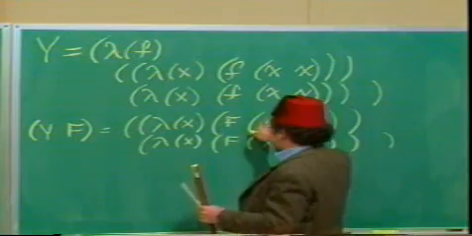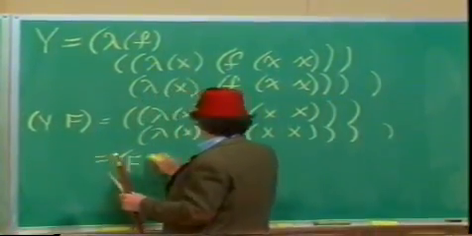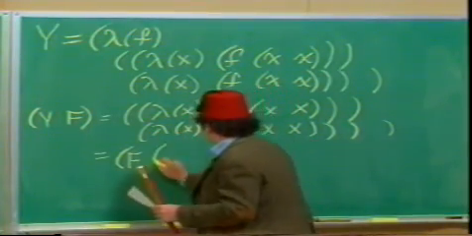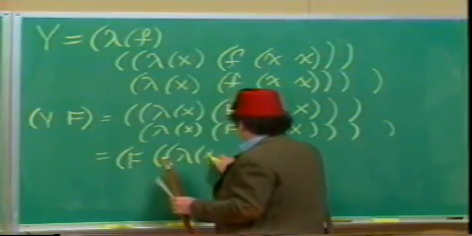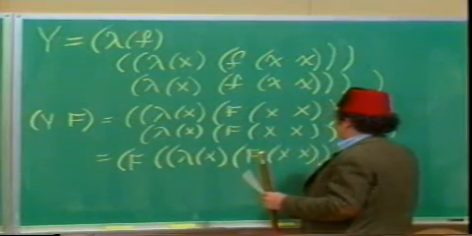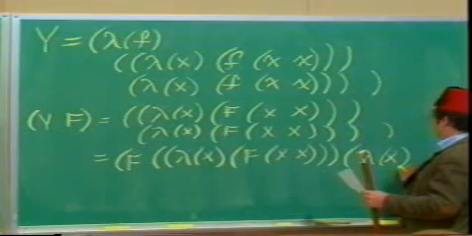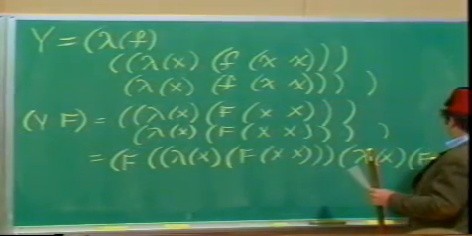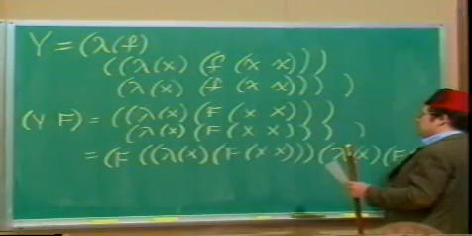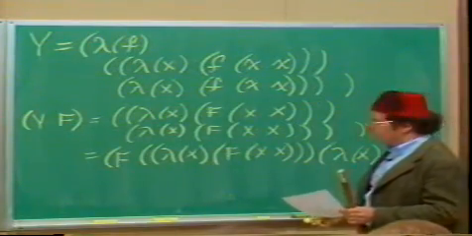Substituting this for this in here, this is f applied to, what is it? Substituting this in here, open, lambda of x, f of x of x, applied to lambda of x, f of x of x. Oh, but what is this?